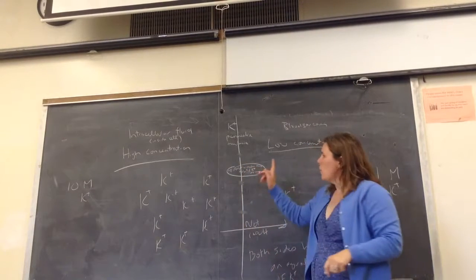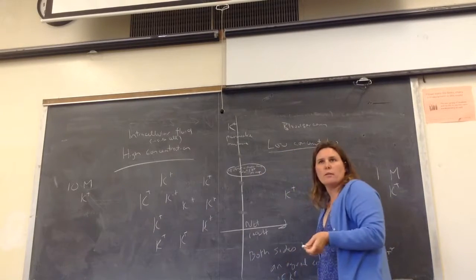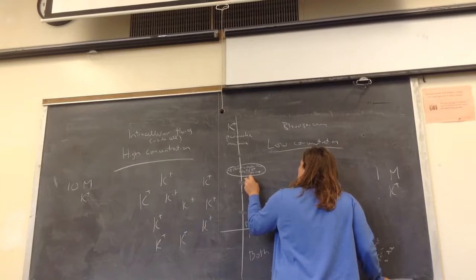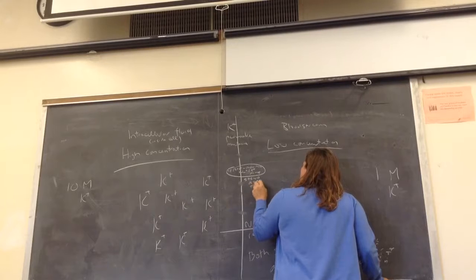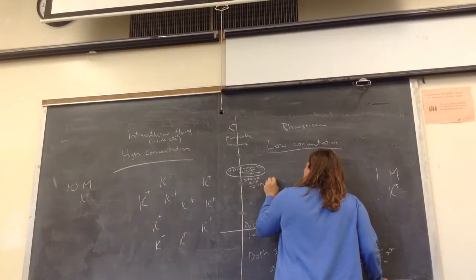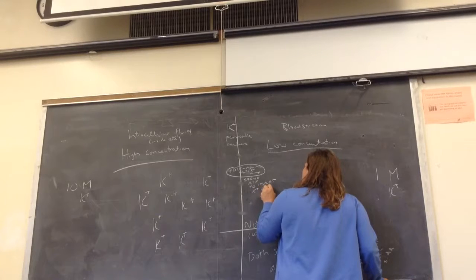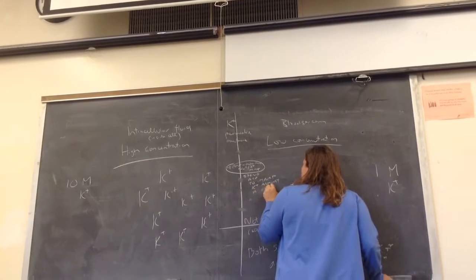So, in order to keep this concentration high, which is what we want, we spend ATP to import potassium plus against a concentration gradient.